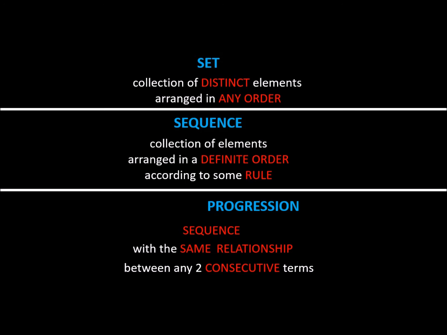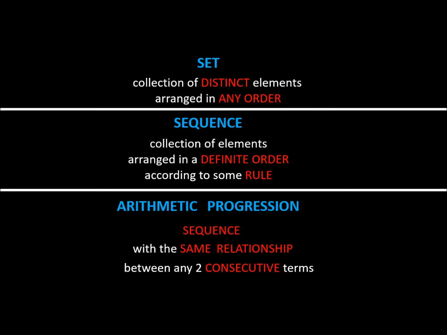So now that we've defined what a progression is, let's go a step further and talk about an arithmetic progression, which happens to be the title of our chapter. So an arithmetic progression is a special type of progression. Remember, I said a progression is a special type of sequence, and an arithmetic progression is a special type of progression.